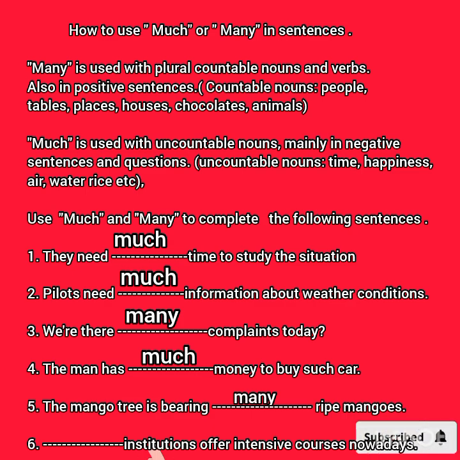Institutions in this sentence refers to what? Schools. So many schools can be what? Counted. And inasmuch as schools can be counted, the right word to make use of in this sentence is what? Many institutions offer intensive courses nowadays.